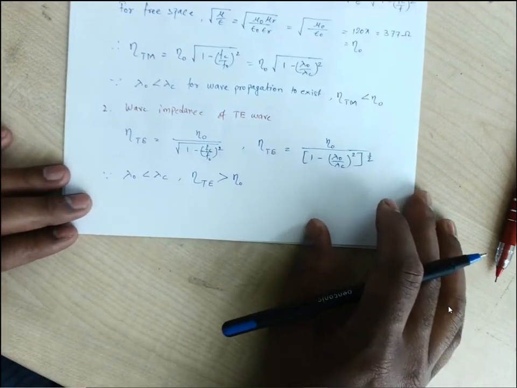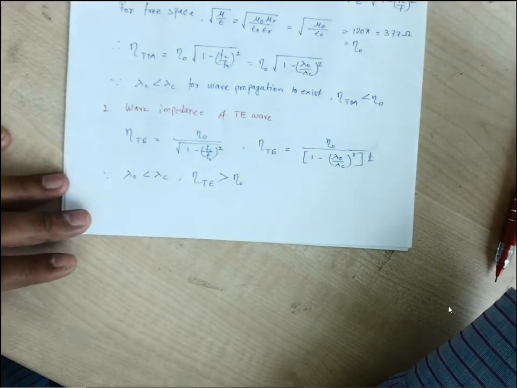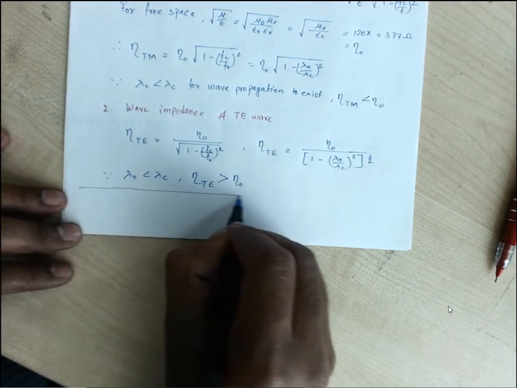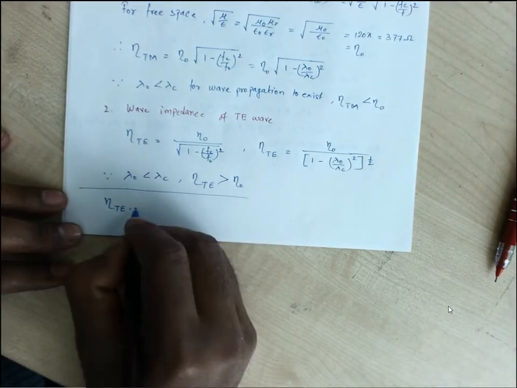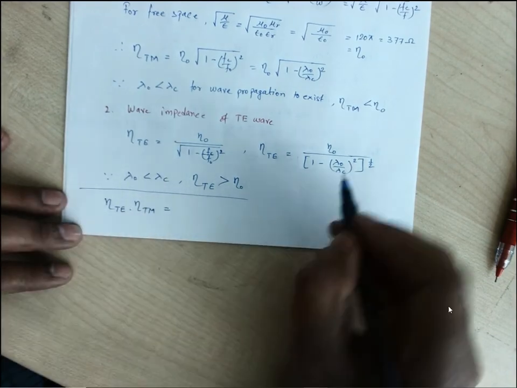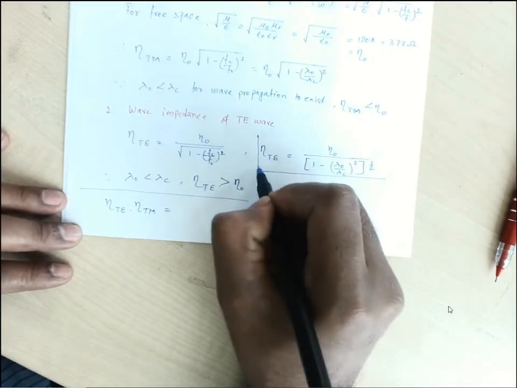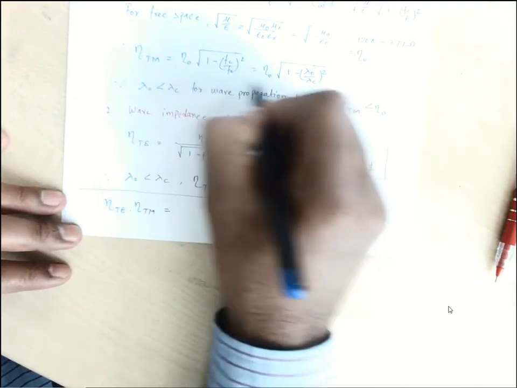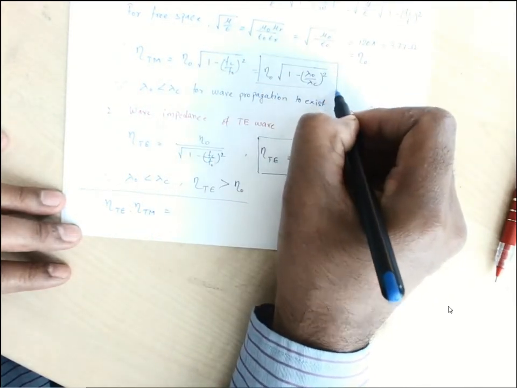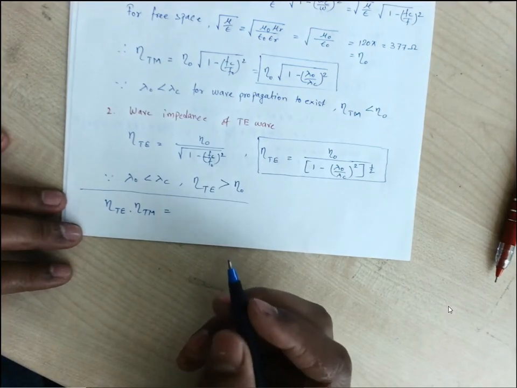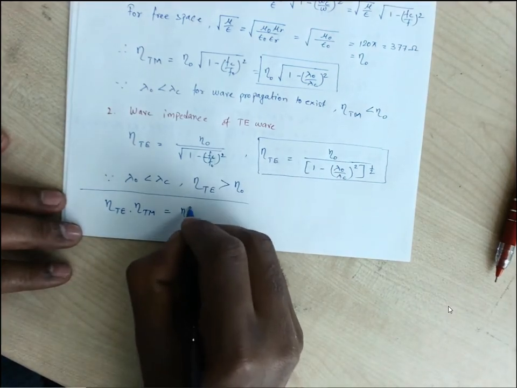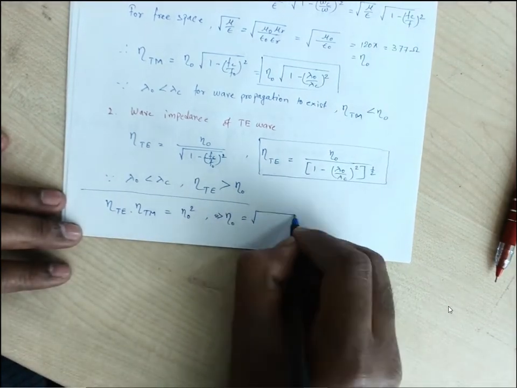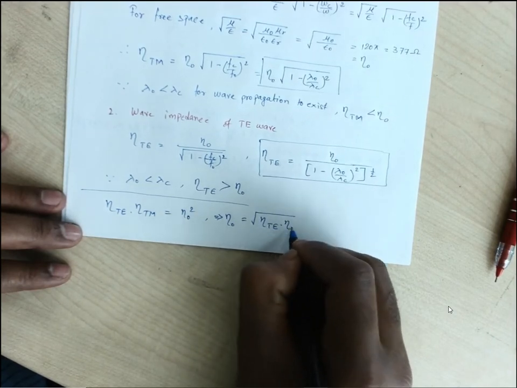Now if we multiply eta TM into eta TE, we are left with eta naught square, or eta naught is root over of eta TE into eta TM.